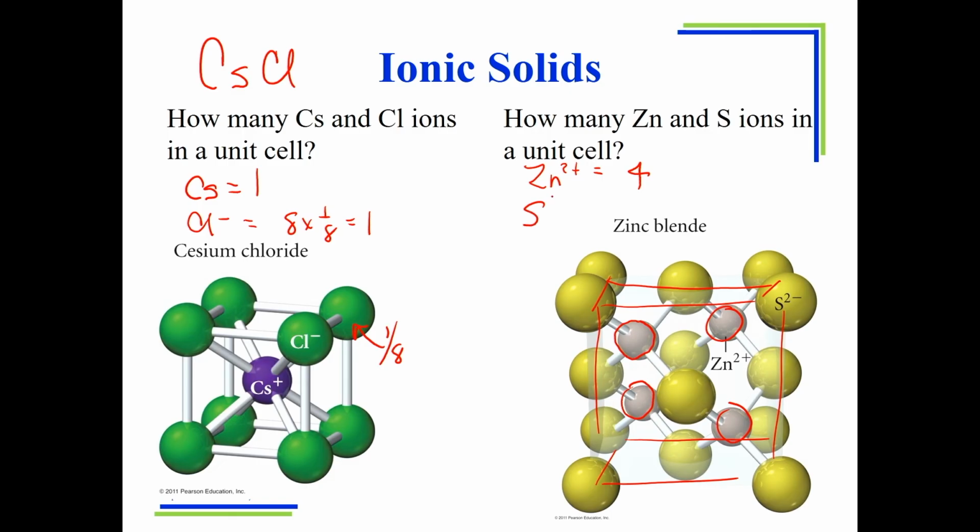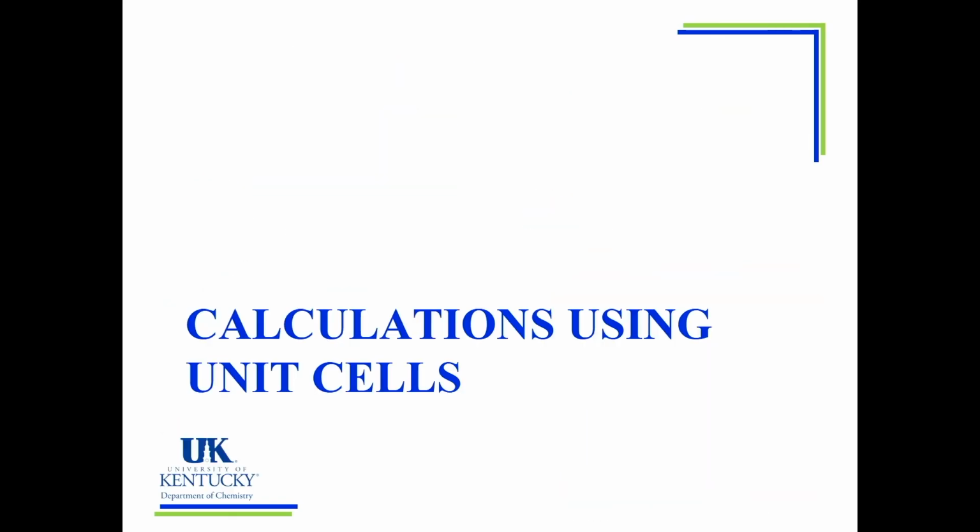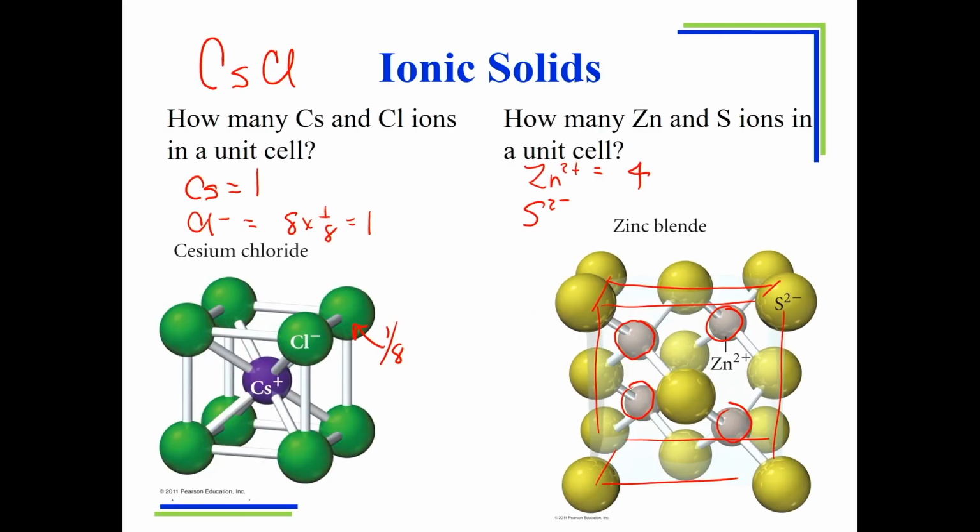Now let's do the sulfide ions, okay? And let's see how many we have. The sulfide ions, we have a bunch on the corners, all right? So we have ones that are sitting on the corner. How many corners are there? Well, of course, there's 8 corners.